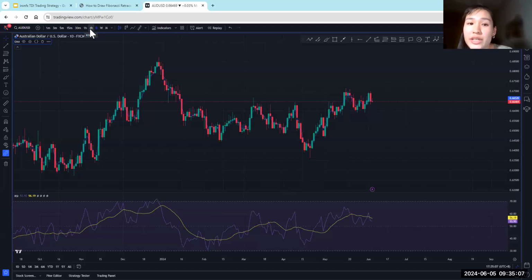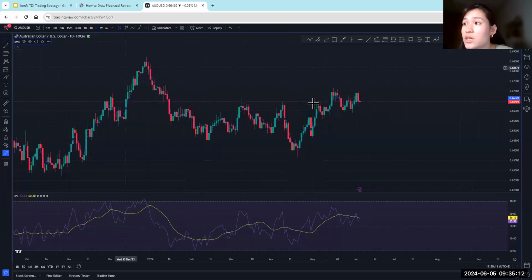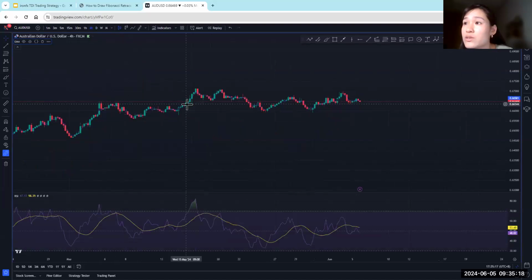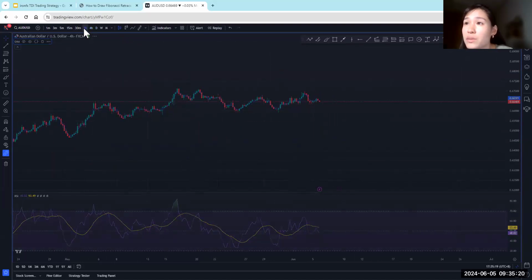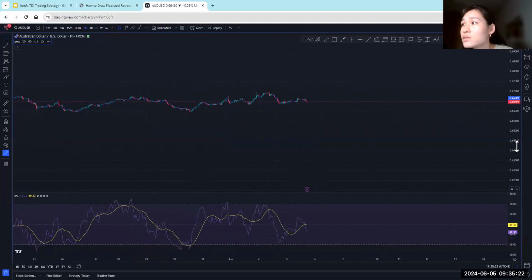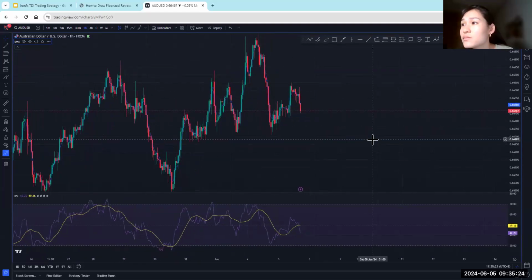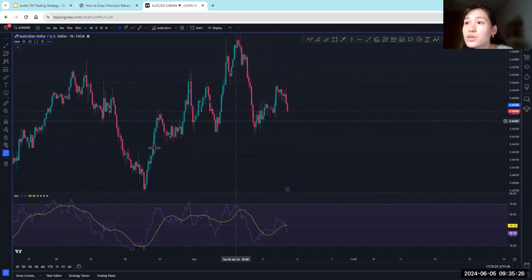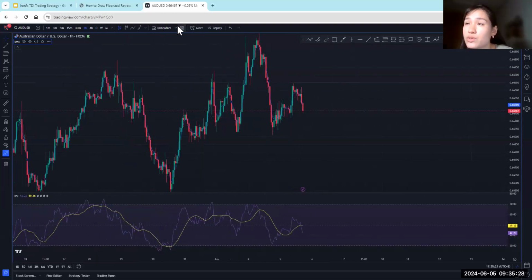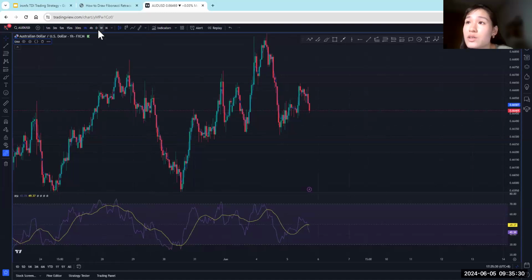Obviously if I'm using a shorter time frame, my inputs will change as well. Now that I'm on a daily time frame, I wouldn't want to use a 3-day time frame. Probably 4 hours or even 1 hour might be better, so that it's clearer to see where prices cross over our indicators.